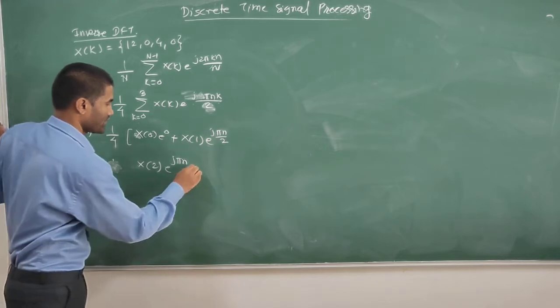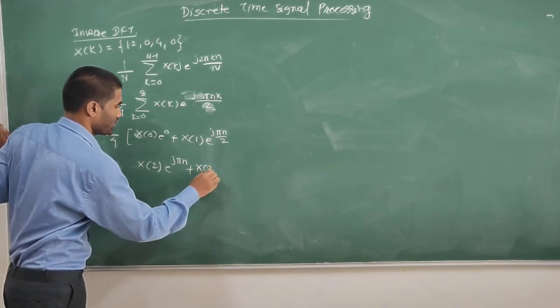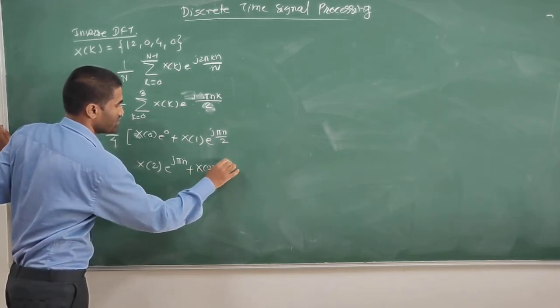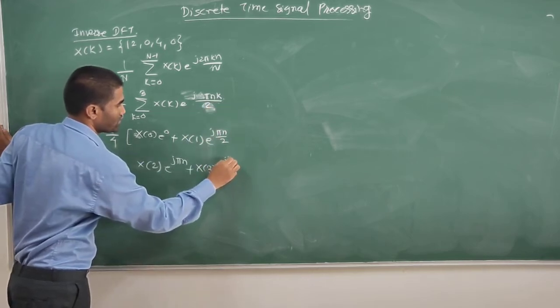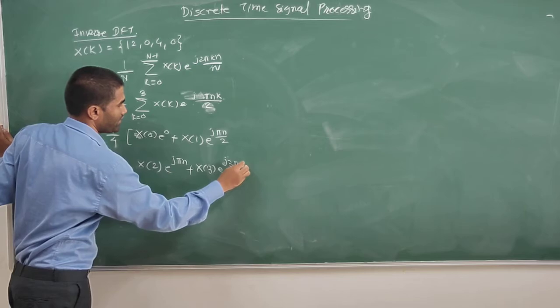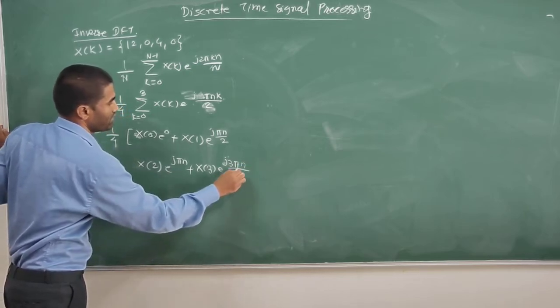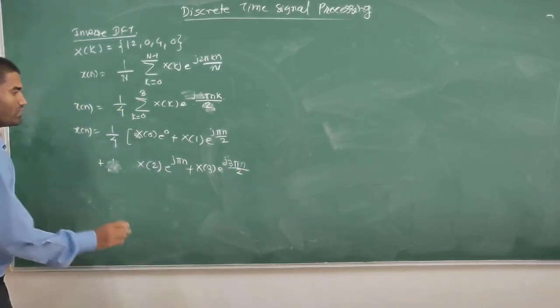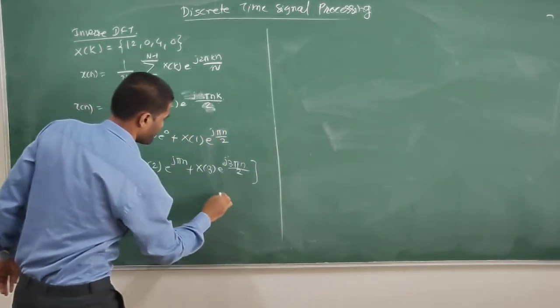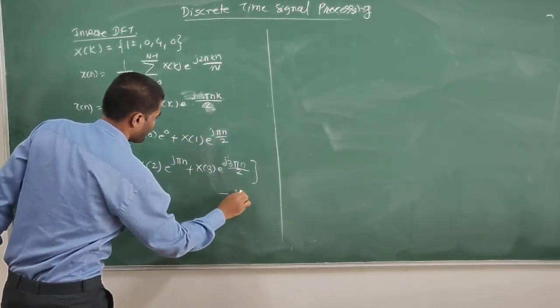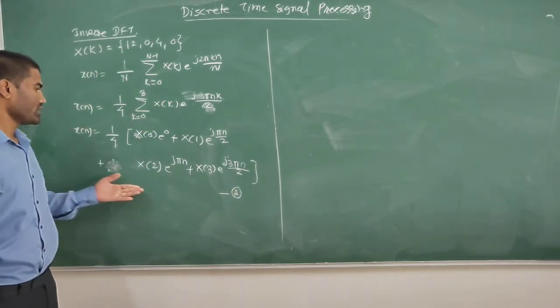Okay, plus capital X of 3 e raised to j, if I am putting the value of k equal to 3, so j 3 pi n divided by 2. Okay, this is the equation number 8.